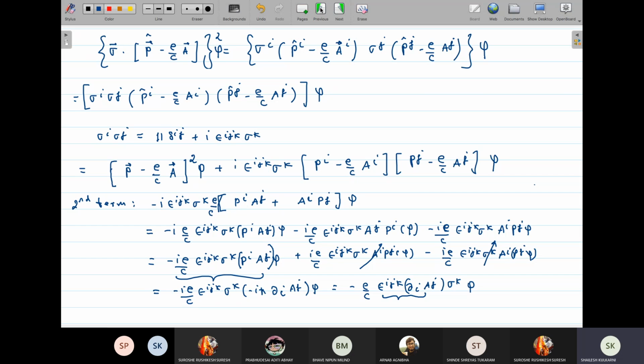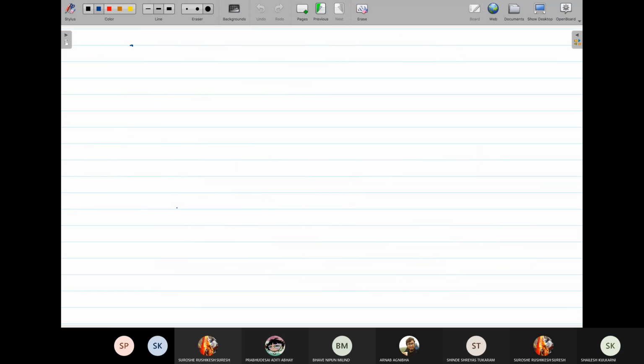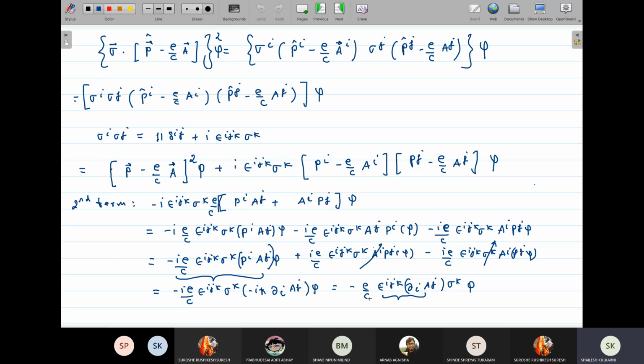Okay, so epsilon ijk del i Aj is equal to Bk. Therefore, the second term is actually equal to, with this factor, minus e by c Bk sigma k phi. So Bk sigma k, sum over k, is B dot sigma.